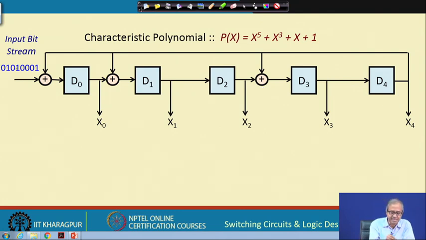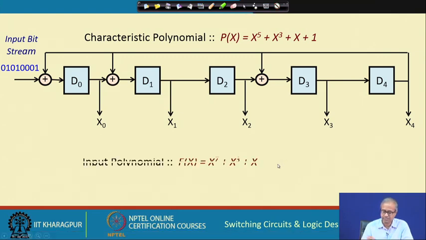The circuit is generating an input bit stream, say 01, 01, 0001. So, the input polynomial, if you consider the output side 0, 1, 2, 3, 4, 5, 6, 7, will be x to the power 7, x to the power 3 plus x. So, any bit pattern can be represented by a polynomial.